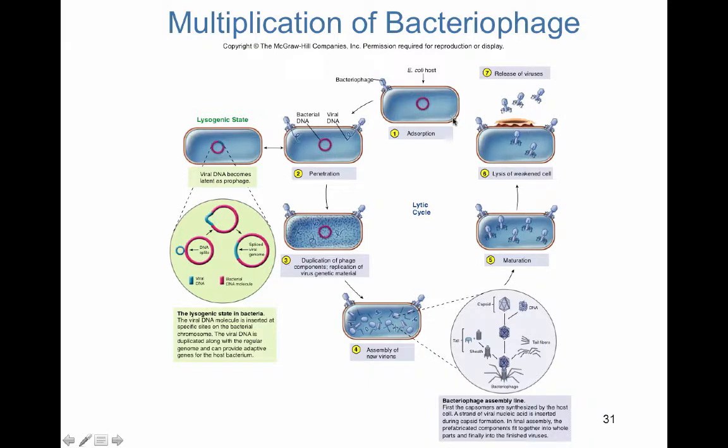So bacterial cells have their own DNA, and it's usually circular in the form of what we call a chromosome here. So first step, the bacteriophage hops on, it attaches, okay? Oh, we're going this way. It attaches, and it's going to inject its nucleic acid. So you see the viral DNA is entering the cell, all right? Once it enters the cell, you have duplication of these components.